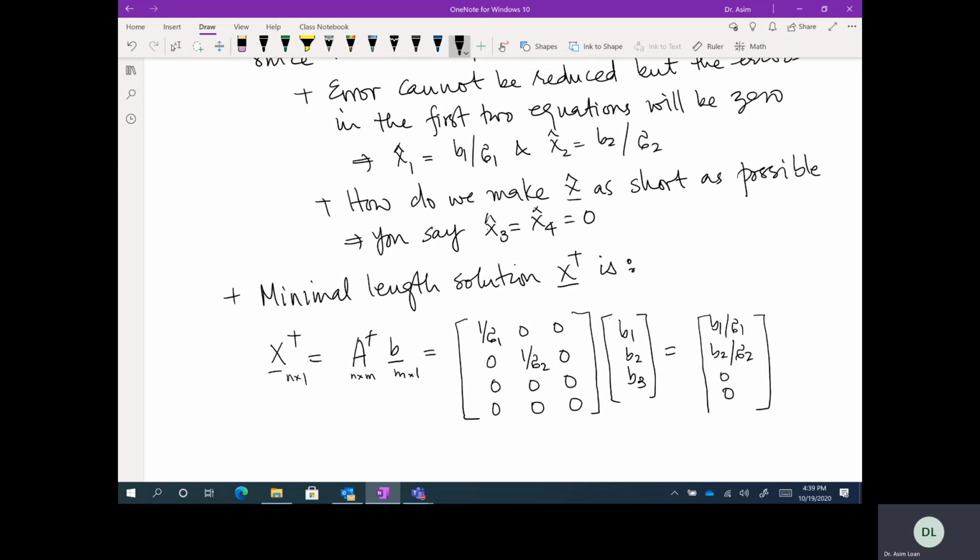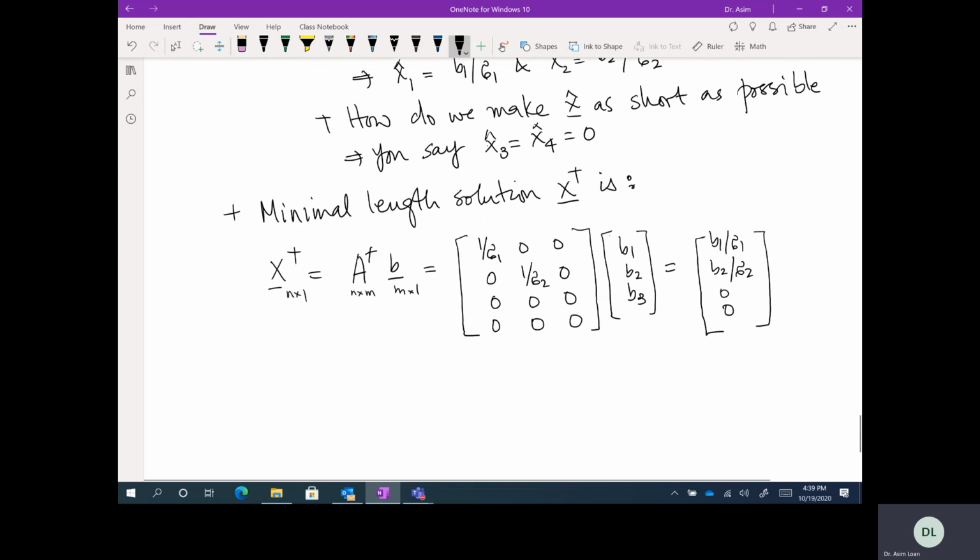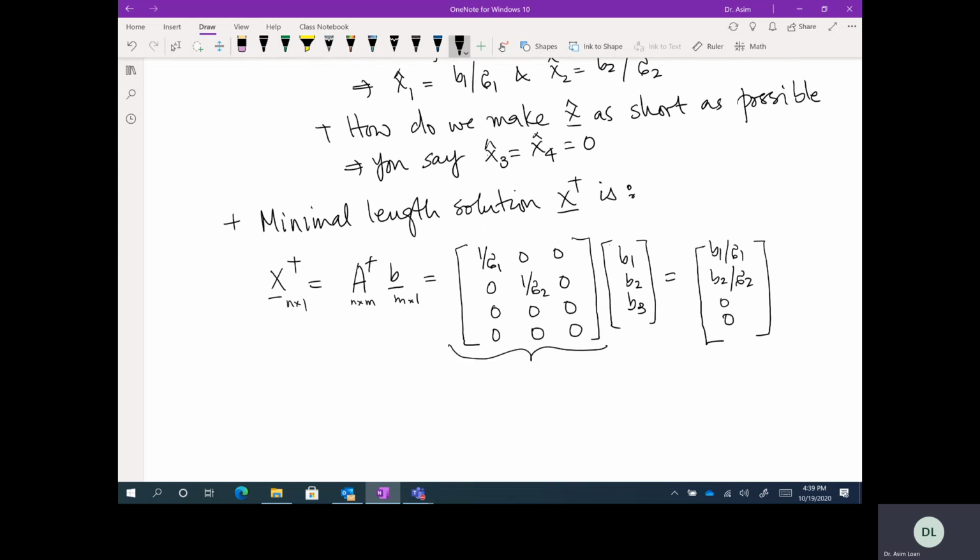And this is our minimal length solution, where this is the pseudo inverse and this is b.